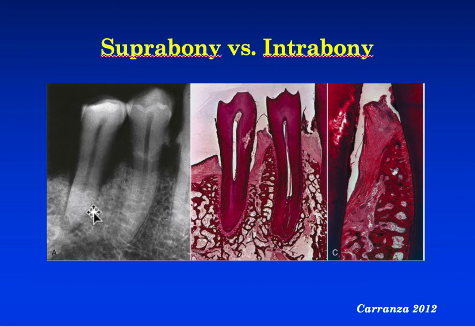On the premolar, we have a vertical loss of bone representing an intrabony defect. On the premolar that is immediately mesial to it, it appears that we have had some horizontal bone loss, calculus deposits on the root. However, there has been no vertical bone loss. This represents a suprabony defect.